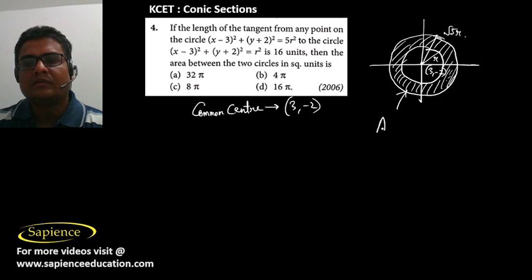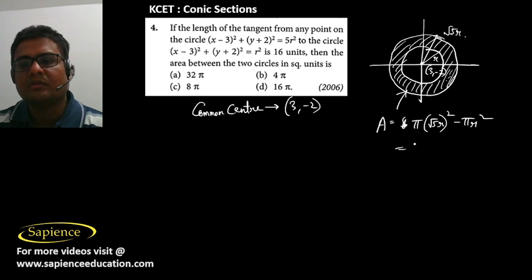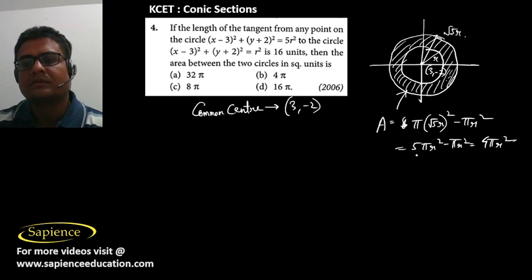This area would be equal to pi into root 5r whole square minus pi r square. So that will be equal to 5 pi r square minus pi r square, which is equal to 4 pi r square.